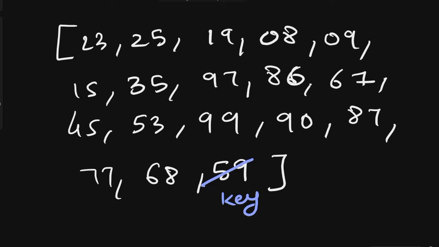You would think, what is the difference? Both work the same. We will see this difference a bit later, but for now just understand what Sentinel search says: replace the last element by the key, the element which you are searching, and then use a while loop for searching. If you find it, you can directly return that index, or if you didn't find it, just go on searching.